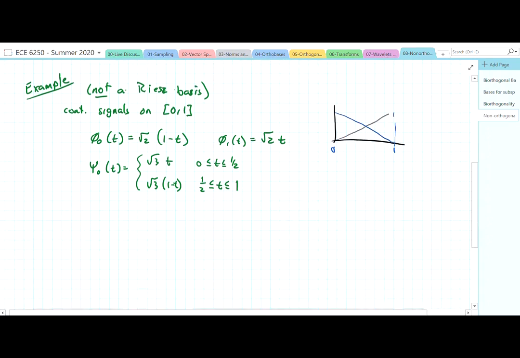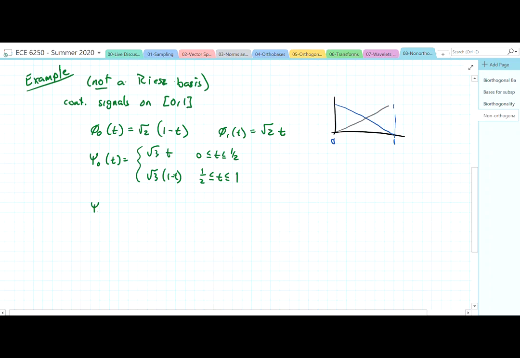And let's scale that then to define the full basis of some kind on this infinite dimensional set, for j greater than or equal to 1, and n equal to 0 up to 2^j minus 1.